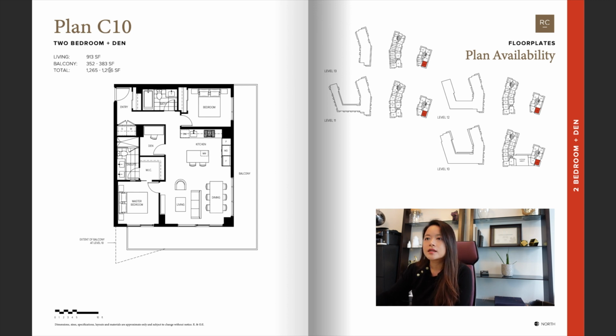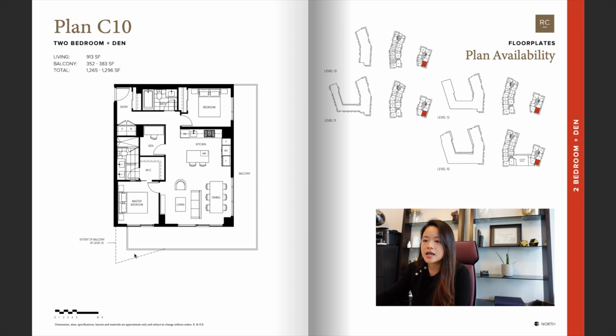Now, the balcony space, depending on which floor plan it is, right here it says extended balcony at level 10. So if it's on level 10, there is this extended garden, it looks like, which also happens to extend the balcony for the 10th floor.